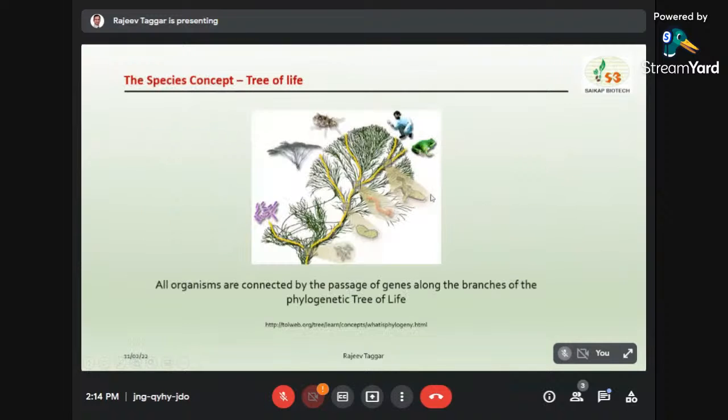Right. Now, before we go further into DNA barcoding, we really need to go into the concept of species. Here is a very old diagram which some of you might have already seen. This is the tree of life. And many of us are already aware that all life forms are basically interconnected.